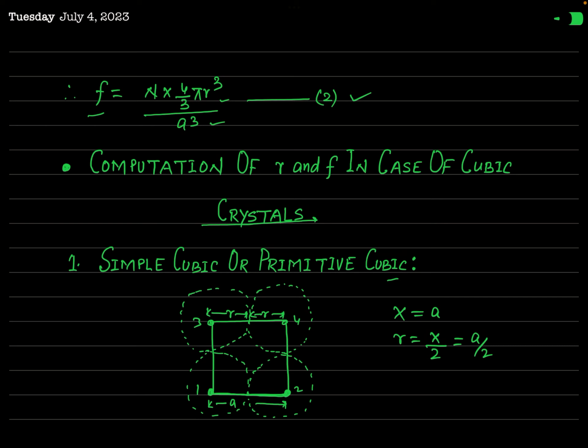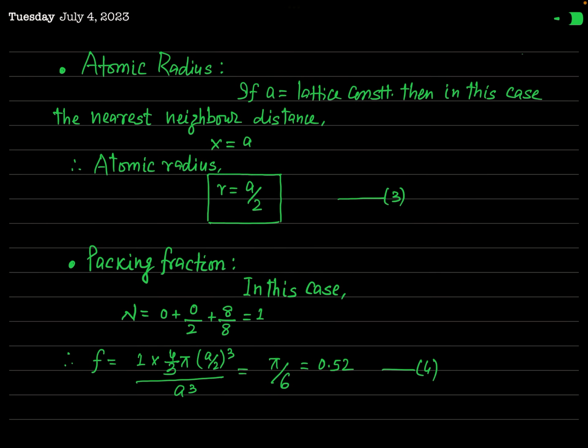This is the atomic radius of the simple cubic lattice. I have written it here: if a is the lattice constant, then the nearest neighbor distance x is equal to a, and so the atomic radius will be simply a by 2.